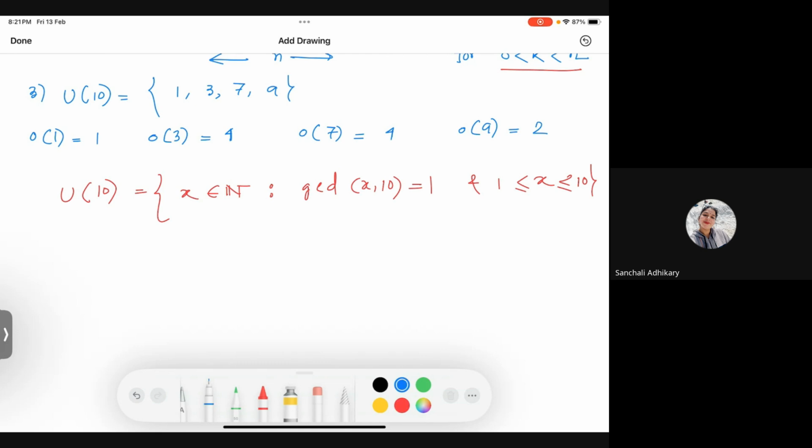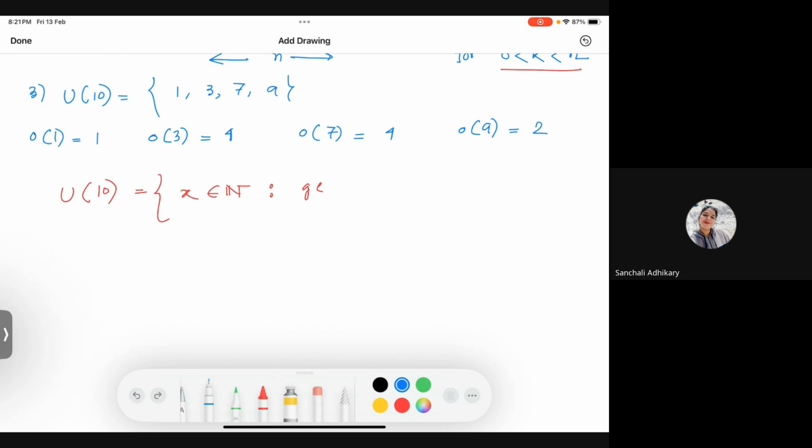I say relatively prime. Relatively prime means GCD is equal to 1.